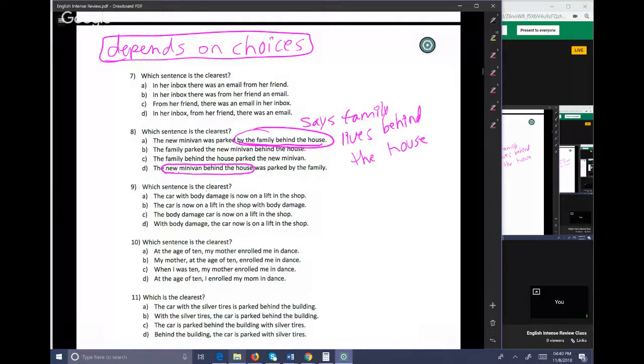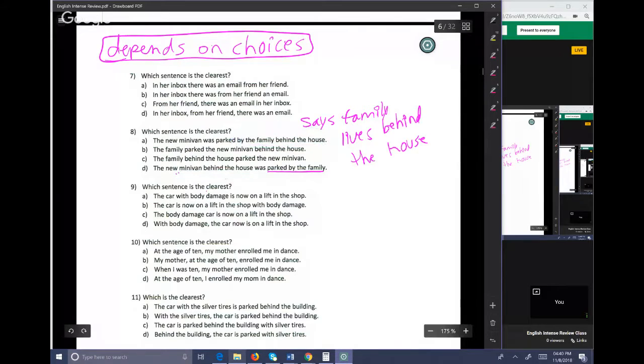I mean, new minivan behind the house, if I just looked at that, I could say, yeah, new minivan behind the house. But the point is being parked, is the fact that the minivan's being parked. So you have to consider everything that's in the sentence. Well, now it makes it sound like the minivan was already behind the house and then got parked. And that's not what they're trying to say.